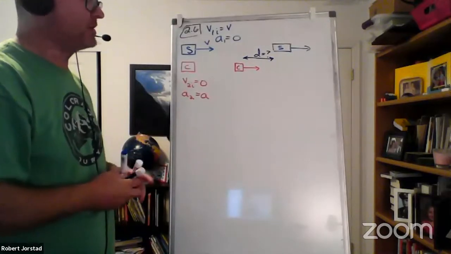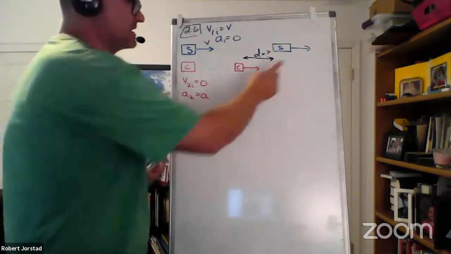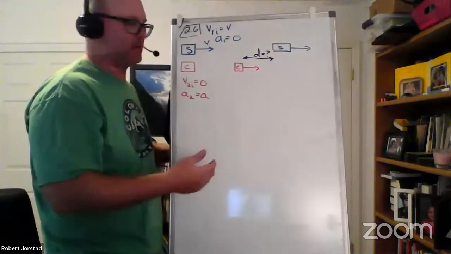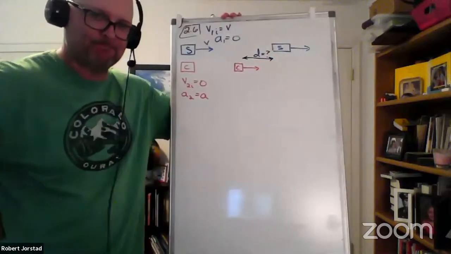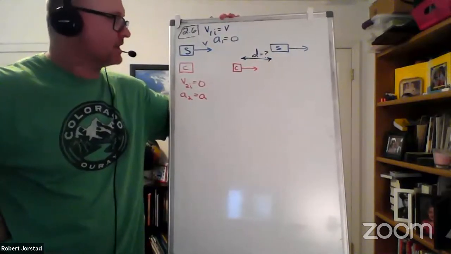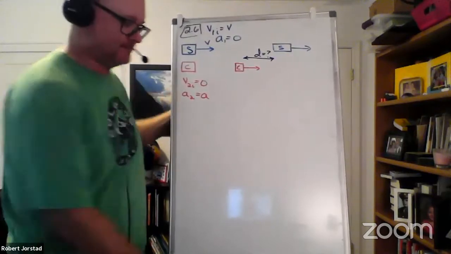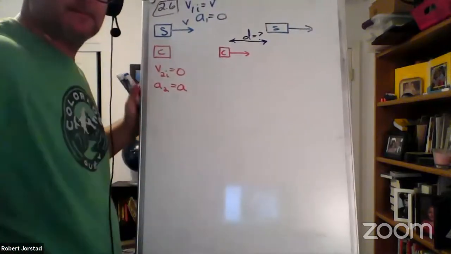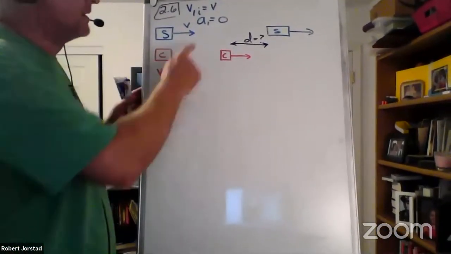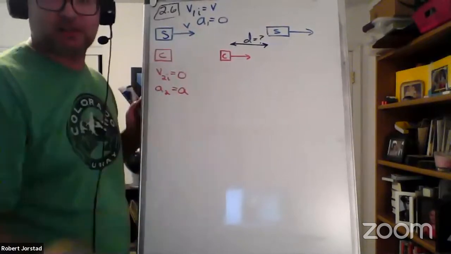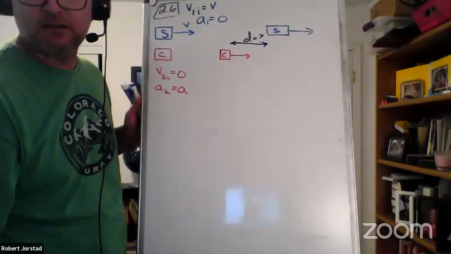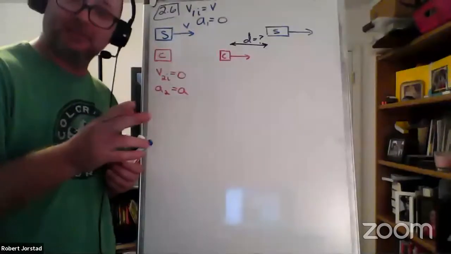So I guess I'm wondering 2 things from you guys. What is the speed of the speeder when they reach this maximum distance? What do you think? If the acceleration is 0, what is it going? Oh, and there's a chat there. Would it still be 30 miles per hour?